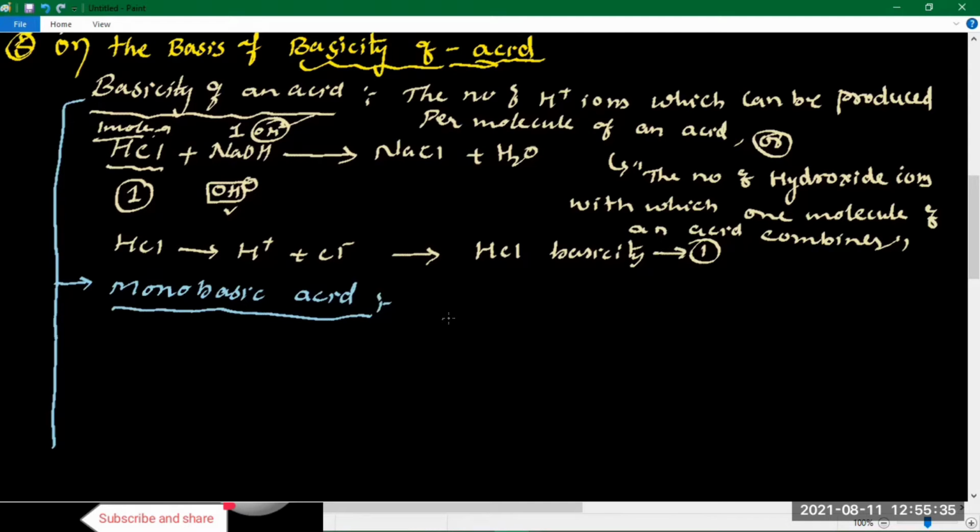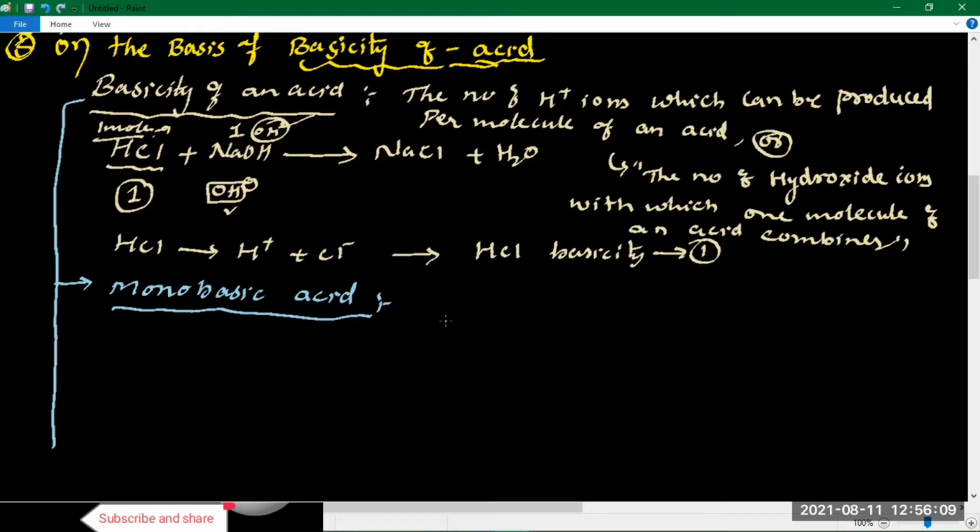A monobasic acid is an acid which, when it ionizes in aqueous solution, when it dissolves in water, one molecule of acid produces only one replaceable hydrogen ion. That is what we call a monobasic acid.